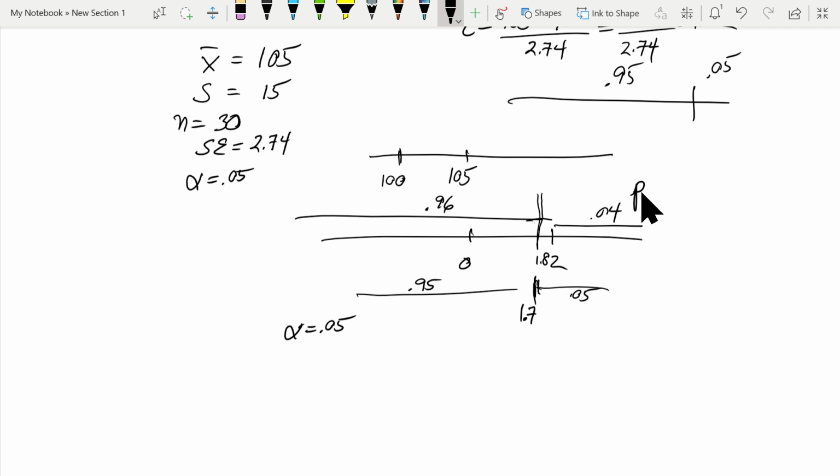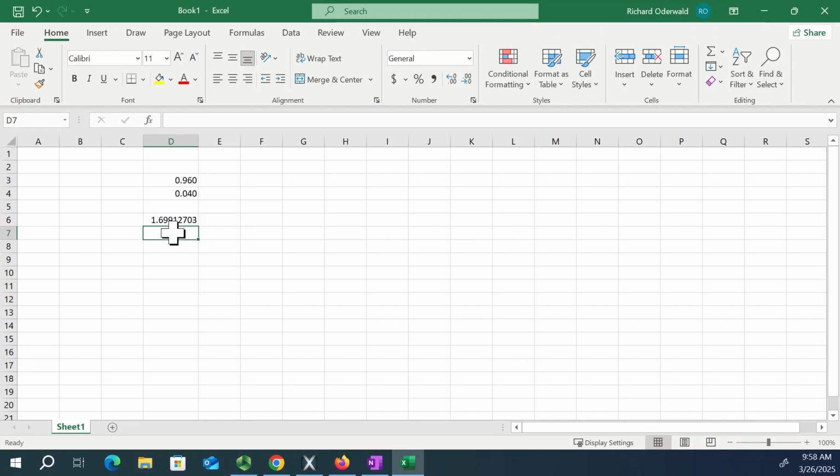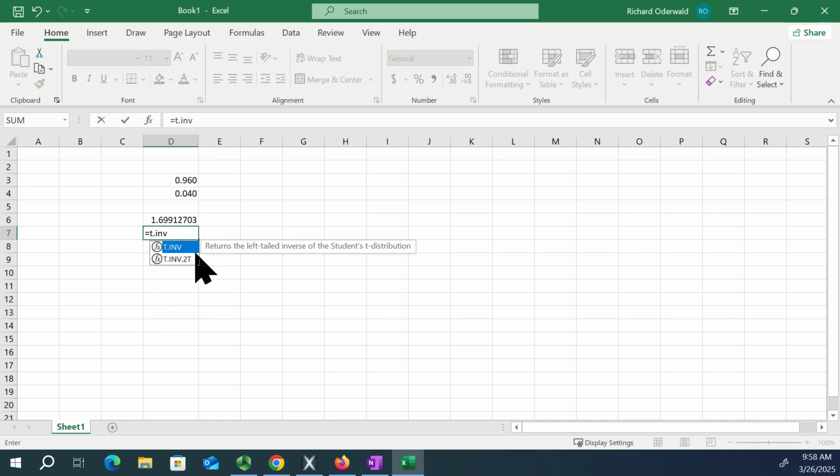The other way is to say, this is at 0.04. What do you want? What if you wanted 0.01? And this is a perfectly valid and sometimes used criteria. If this is at the 0.01 level, do I reject? What's 0.01? What's the 0.99 cutoff? Look at Excel. If I'm using alpha equals 0.01 equals t.inv, 0.99 now.